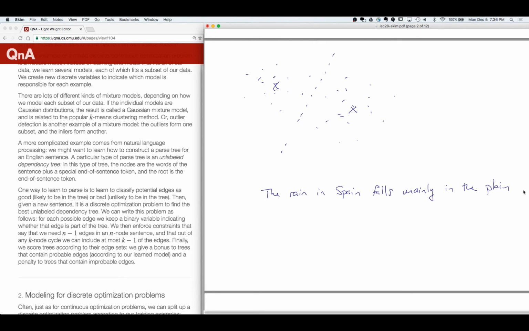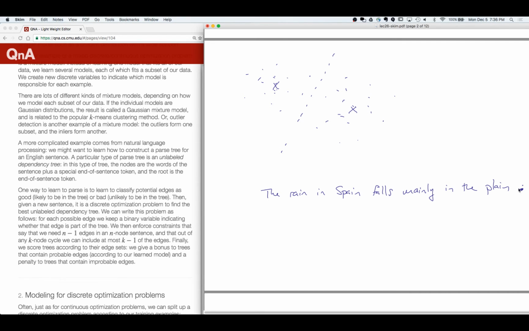Oh, and we'll add an extra token. So we'll make one token for each one of these words and have an extra token for the end of sentence, which I'll just write as a period. And so we can make a parse tree that looks something like this.